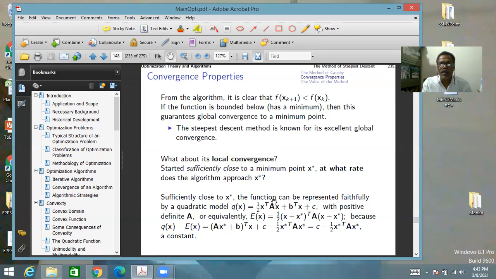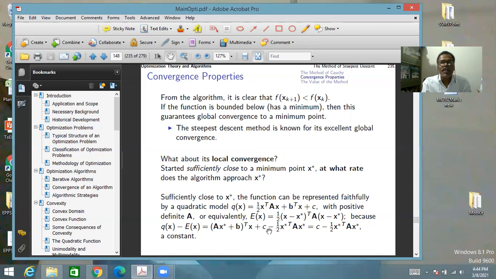Okay, gradient of this, right? So this is 0. So the linear part is also 0. And what remains is a constant, c minus half x star transpose A x star. So two functions differing by a constant will have their minima, maxima, the full profile together. One will be just lifted and so on. Okay. So any quadratic function can be put in this form.